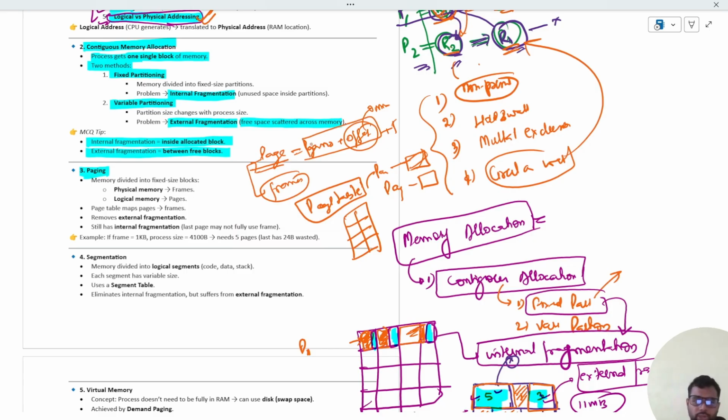Here in paging, we use it. Every page is given a page number and page offset, and this is known as logical addressing. With this page offset, the actual address of the frame is calculated, which is known as physical addressing. Okay.